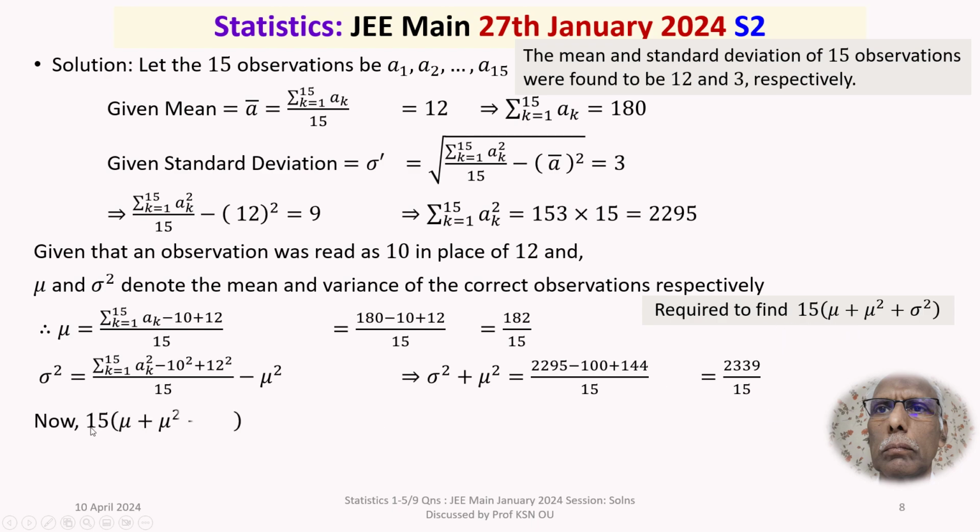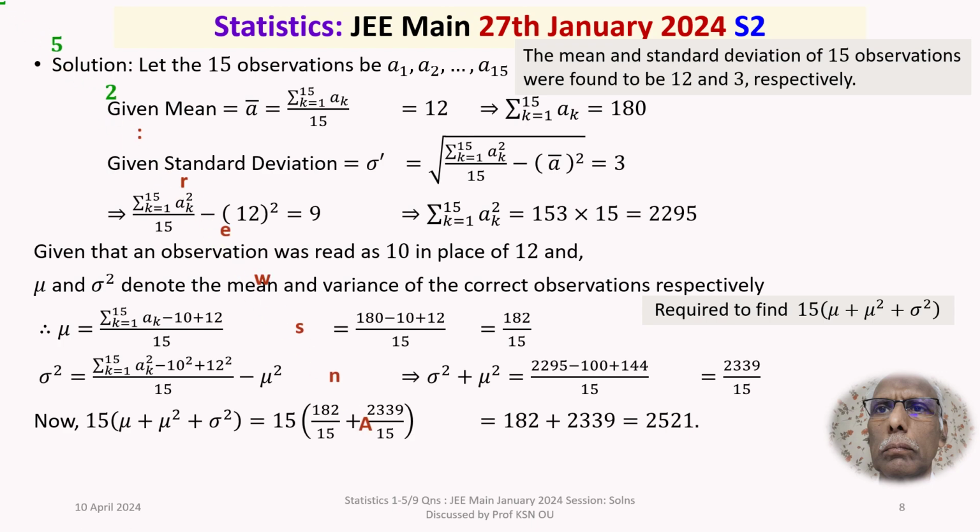So now 15 times (mu plus mu square plus sigma square), that is equal to 15 times (182 by 15 plus 2339 by 15). So 15 cancels, and 2339 plus 182 is 2521. Yes.